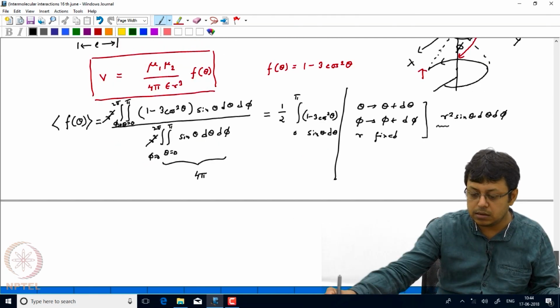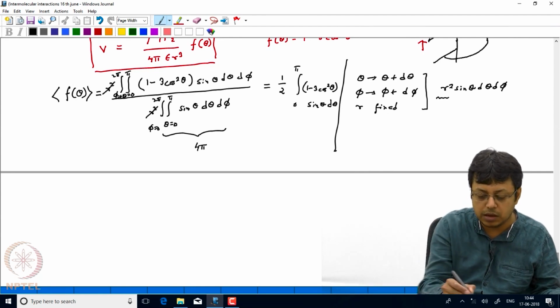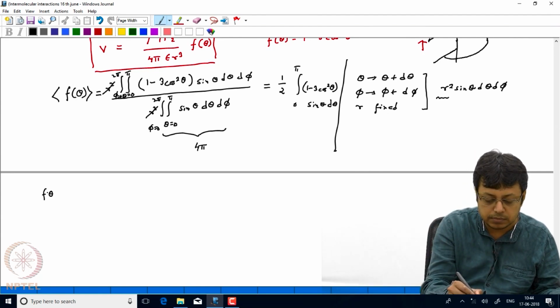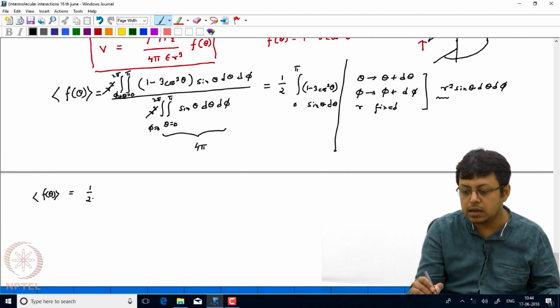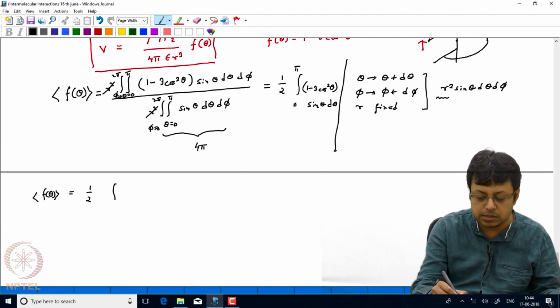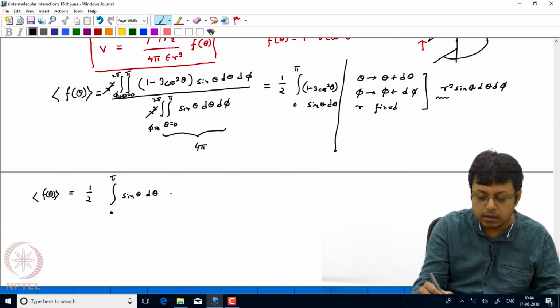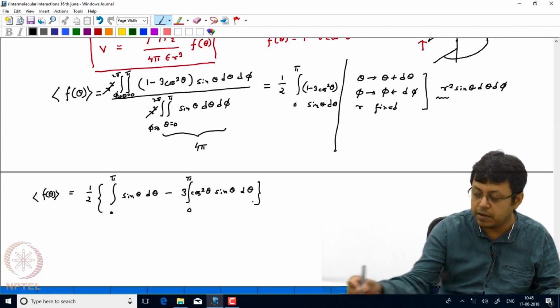So let us try to attempt this integration. The average value of f of theta will be half, and let us integrate. The first term is 0 to pi sin theta d theta, and then we have 3 cos square theta sin theta d theta, which is also integrated between 0 to pi, and we have an overall half factor.